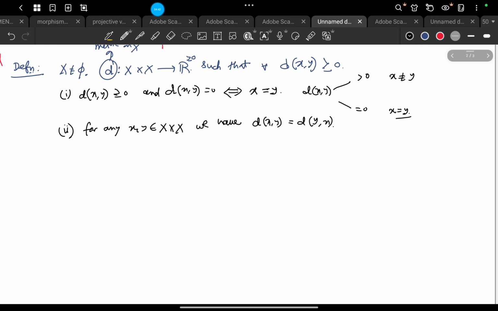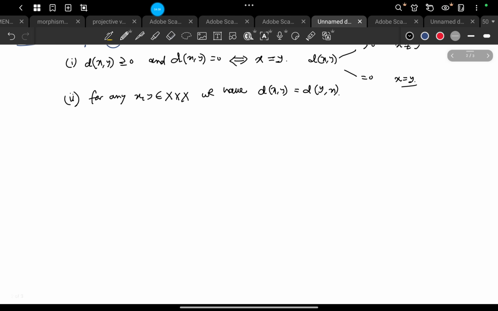It doesn't matter whether you are going from x to y or from y to x, whatever path you choose, you have to traverse the same amount of distance.